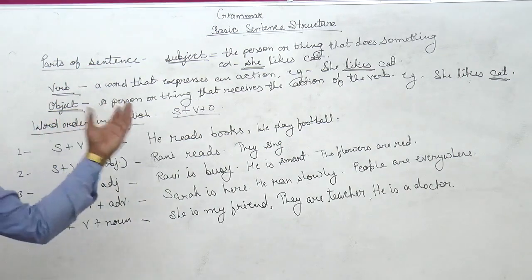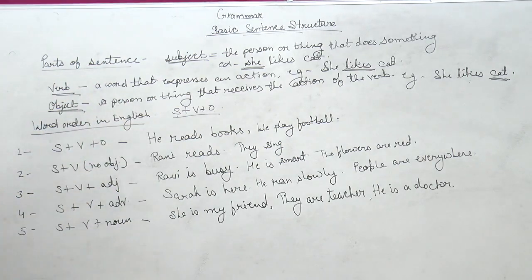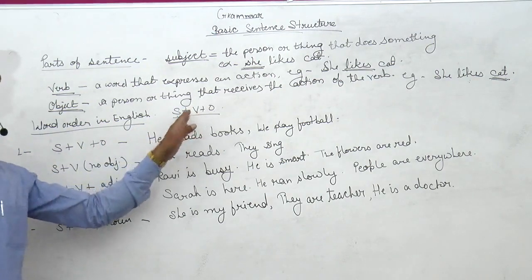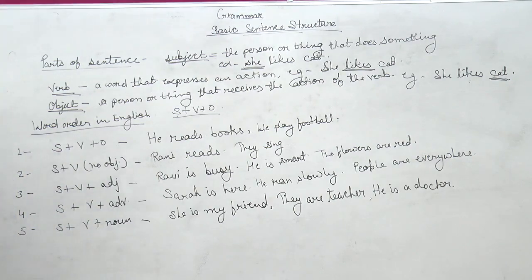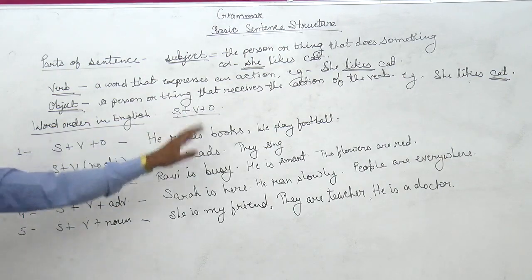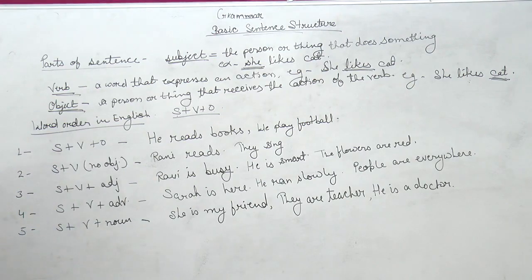There may be other words in between, but the basic structure of simple sentences is subject, verb, and object. Every language has a different structure, and the English language has this structure: subject, verb plus object.